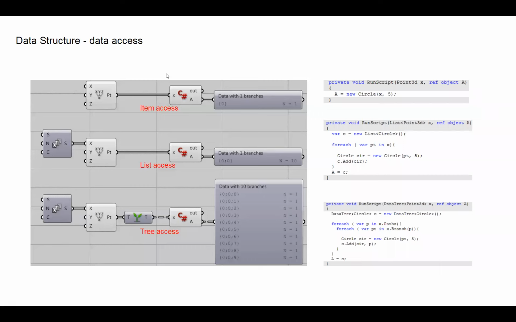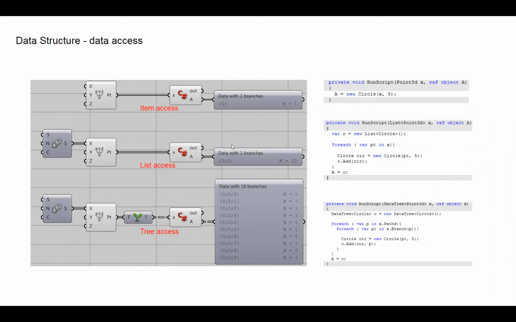So if you have a component that takes two inputs, let's say this is the first input and this is the second input, with different access setups. You have item access here, and you have an item here, but they both have 10 items each. What happens is you create a condition with a cross reference, right? Because you have 10 items here, every time the script will run once.